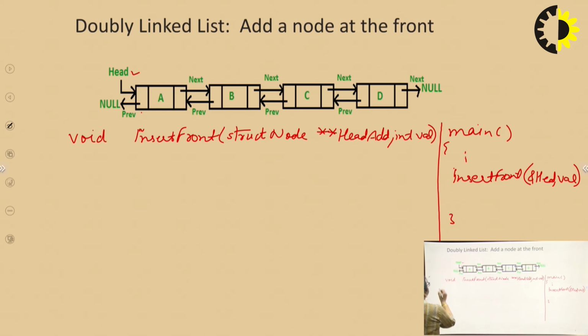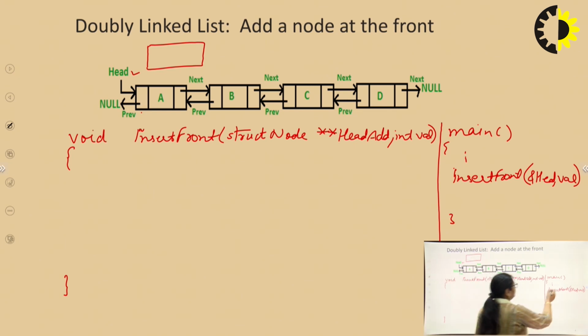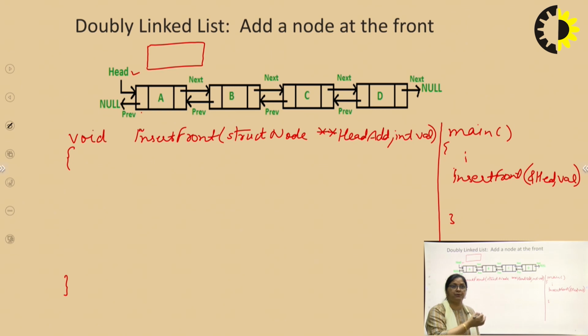Now what will we create? We will make a change in that. What change am I going to make? I will have a node here, and in that node I have to store the value which has been sent from main. Main had some address allocated to head, or maybe null, whatever it was. And then I am sending some value, that is val.